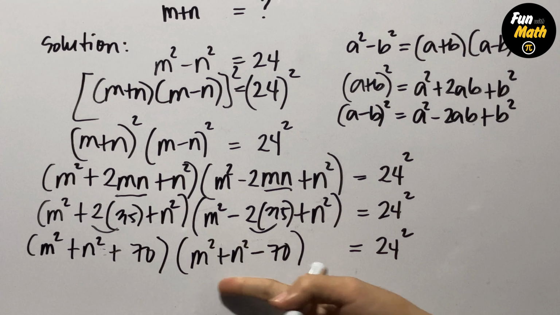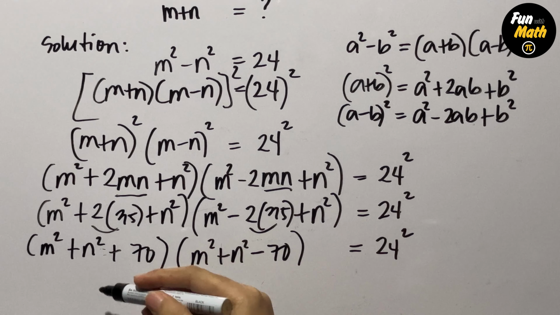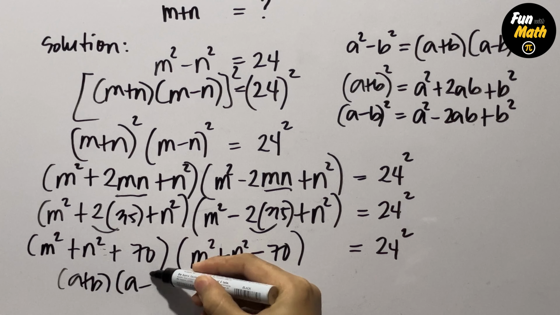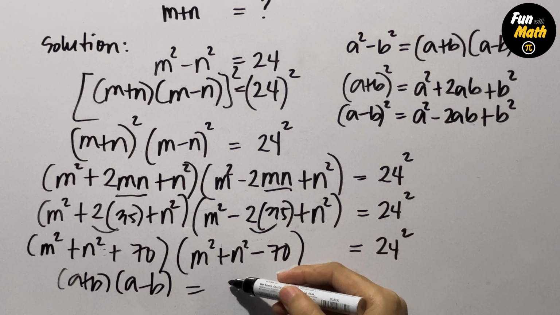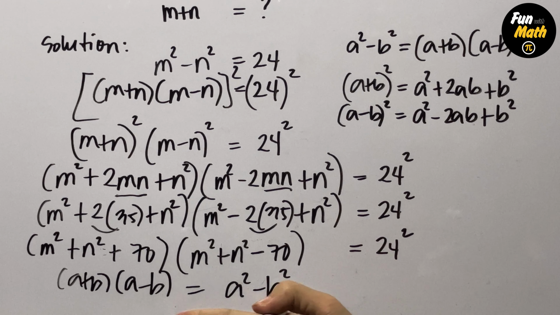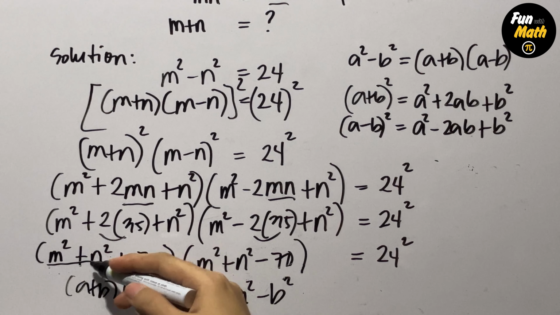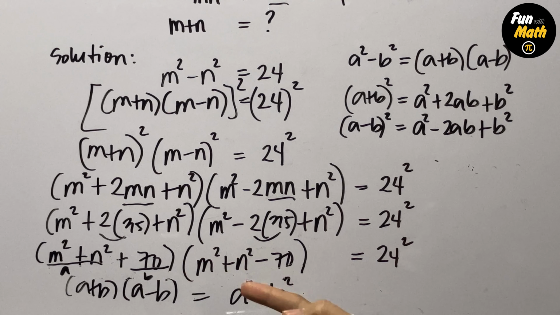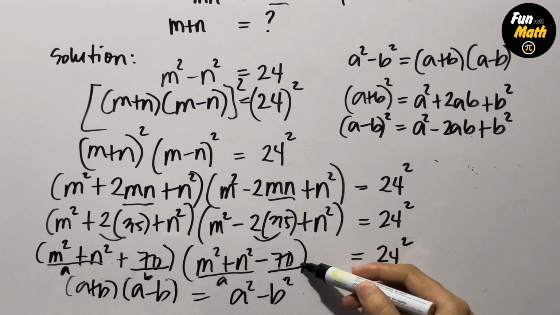Now, for these two, we can say that this looks like an identity, a plus b times a minus b, which is equal to a squared minus b squared. So this is our a, and this is our b. And on this side, this is our a, and this is our b.